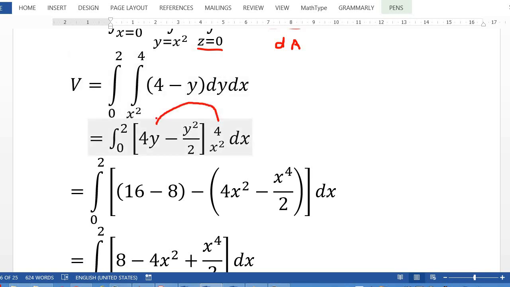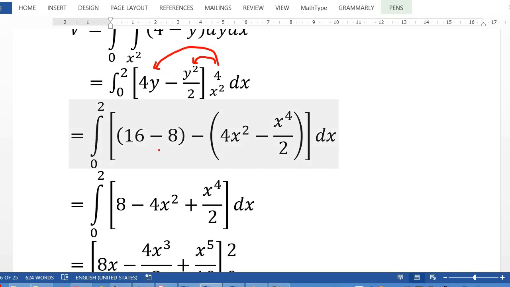So you plug in the upper limit here. 4 times 4 is 16, and 4 squared, 16, divided by 2 is 8. Then 16 minus 8, you have 8 here.